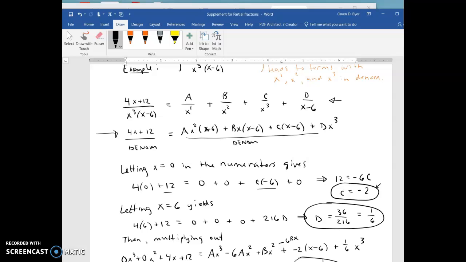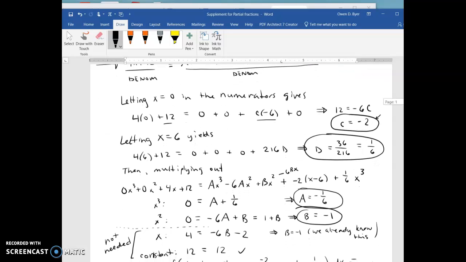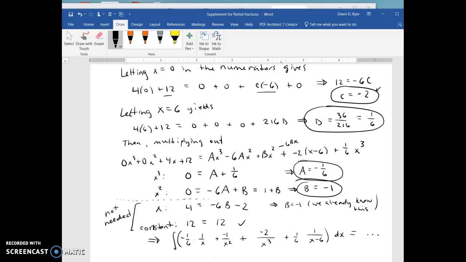The other value that works well is plugging in 6, and when we do that, on the left-hand side we get 36, and on the right-hand side we get 6 cubed is 216d. So d is 36 over 216, which comes out to 1/6. And once you have those values, multiplying everything out and collecting terms, the x cubed term, there are none of those on the left-hand side, so we put a 0, right?